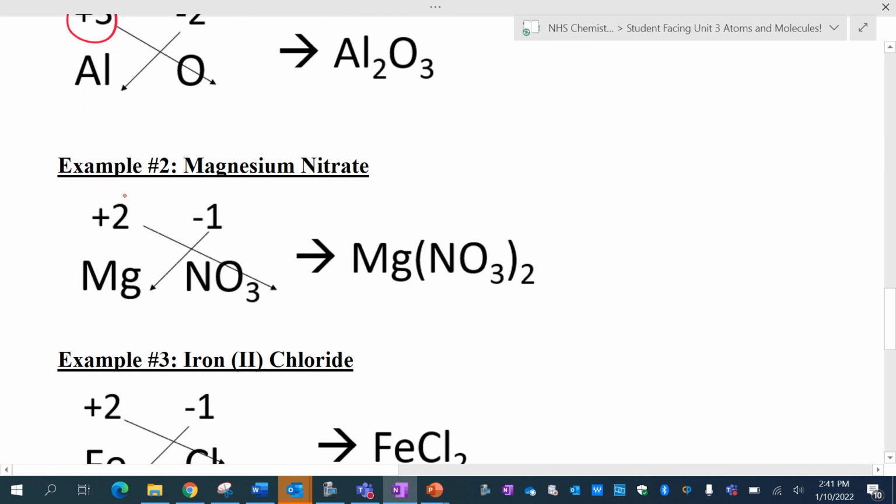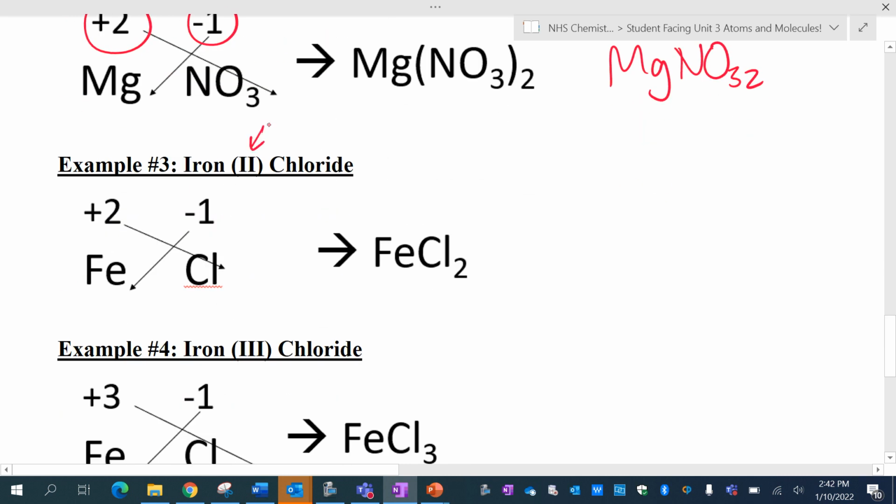Magnesium nitrate. Magnesium's a +2. Nitrate is one of the 6 polyatomic ions. It's got a -1. So when we crisscross, we need parentheses around the NO3. Otherwise, it would look like MgNO32, which is not right. So you definitely need parentheses.